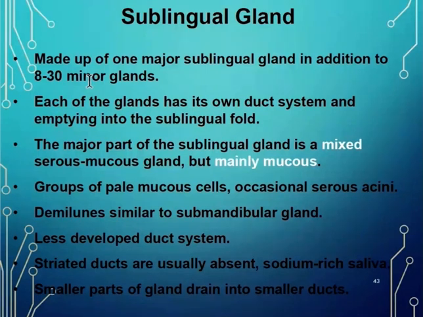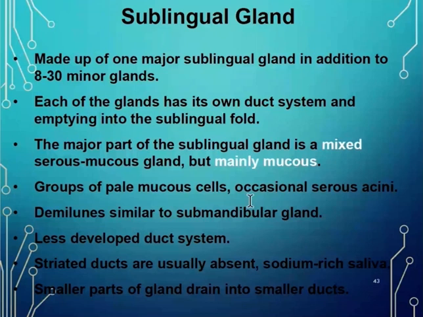The acini lead to intercalated ducts at first, and these may be absent also, because the acini will lead directly to collecting ducts. Collecting ducts lack striations.